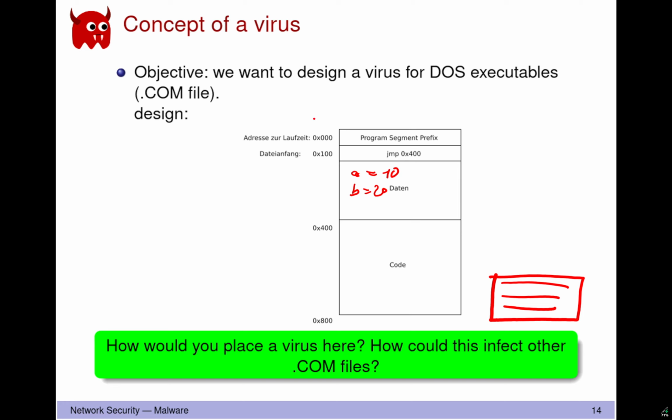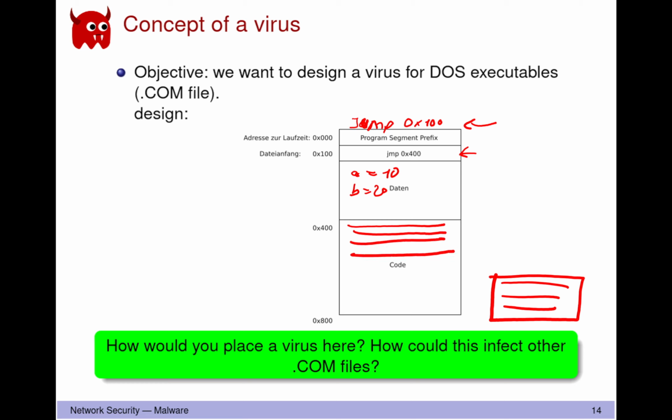So if the program is started, there's probably a program segment prefix, and I would assume that there's some kind of jump to 100. So if this is the first command that is executed, it jumps to 100, then it jumps to 400, and then it executes these instructions that are here.